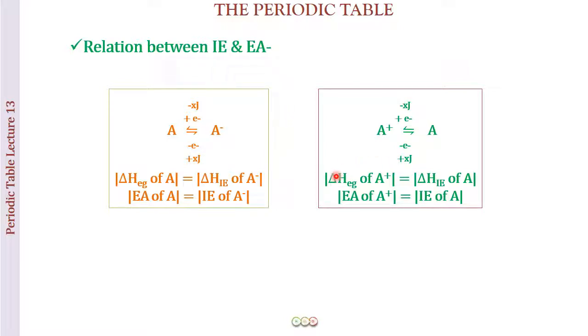So the mod of the electron gain enthalpy of A positive is equal to the mod of the ionization enthalpy of A, or we can say the electron affinity of A positive is going to be equal to the ionization enthalpy of A. So I hope now you understand the relationship between the ionization enthalpy and electron affinity, or ionization enthalpy and the electron gain enthalpy.